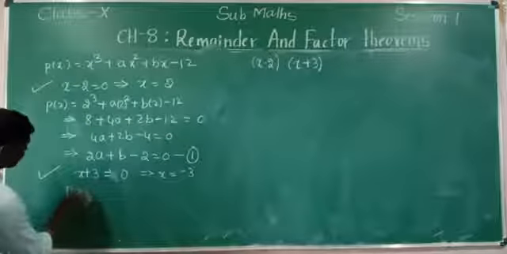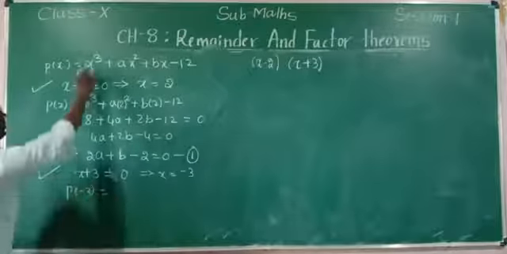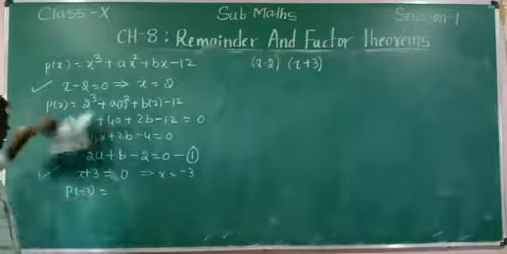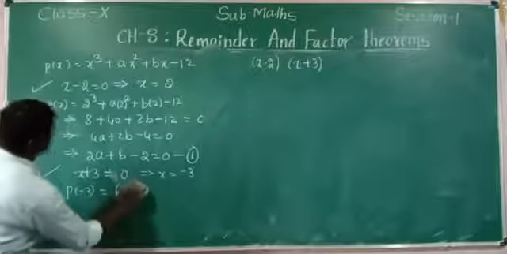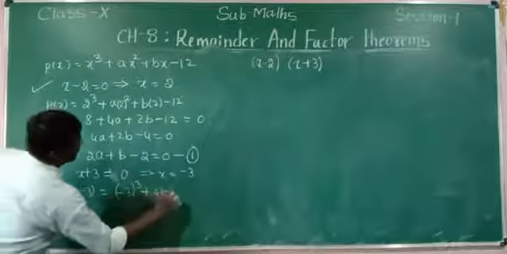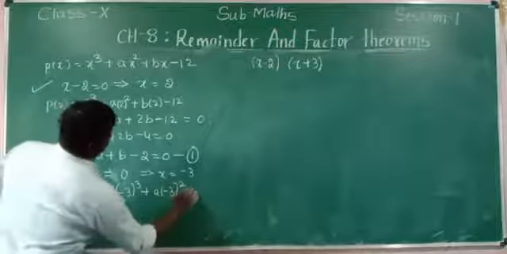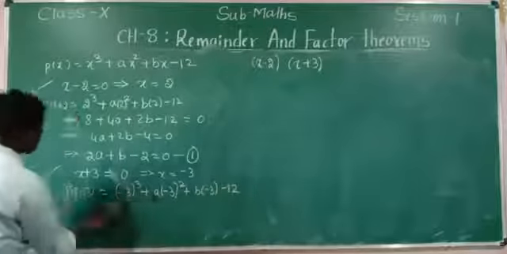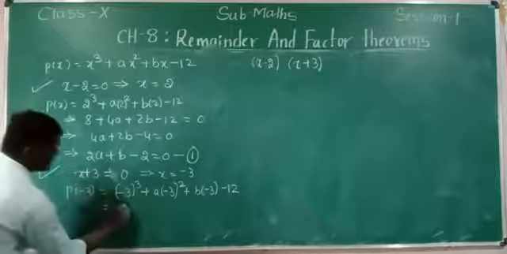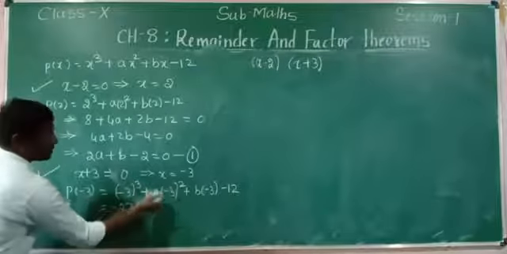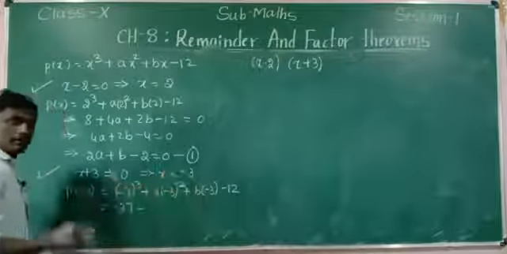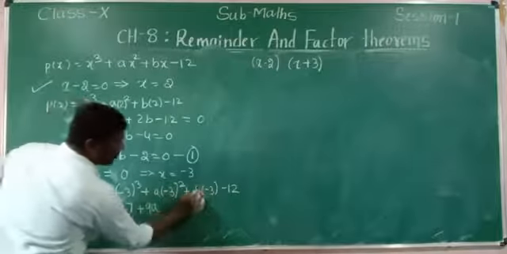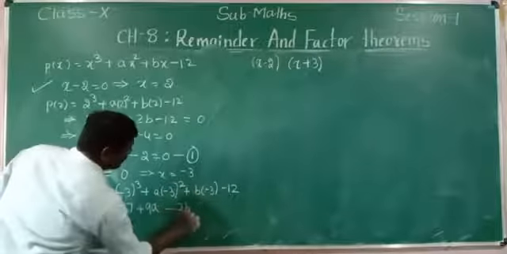So p of minus 3 is equal to, just substitute the x value, that is minus 3, in the given expression: minus 3 whole cube plus a into minus 3 whole square plus b into minus 3 minus 12. Minus 3 whole cube is minus 27, plus a into minus 3 whole square is 9, so plus 9a, plus b into minus 3 is minus 3b, minus 12.